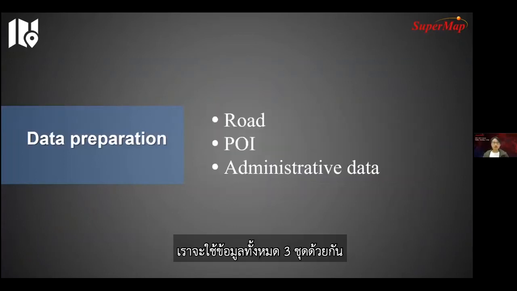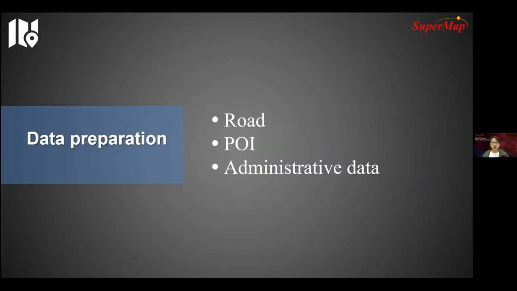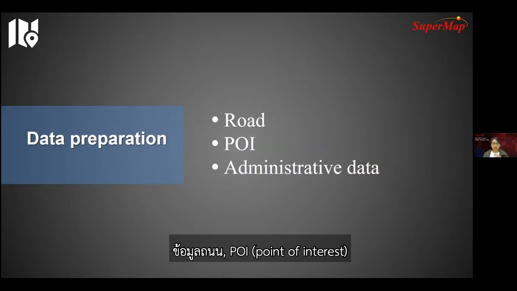So for this session, we need three types of data. First, the road data, and then POI data, and also we need the administrative data.